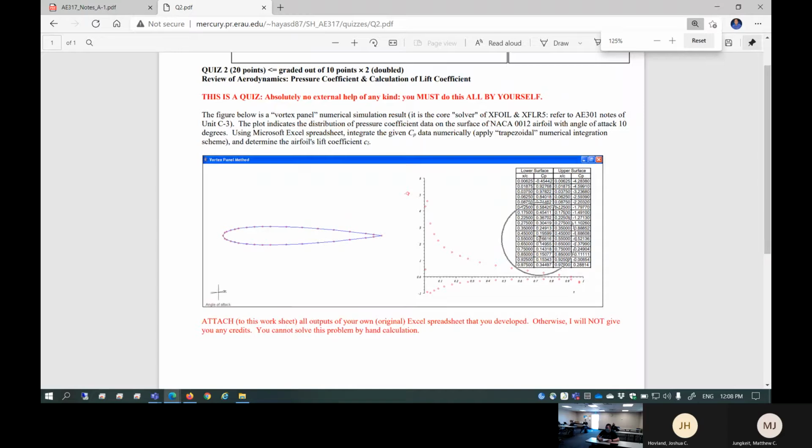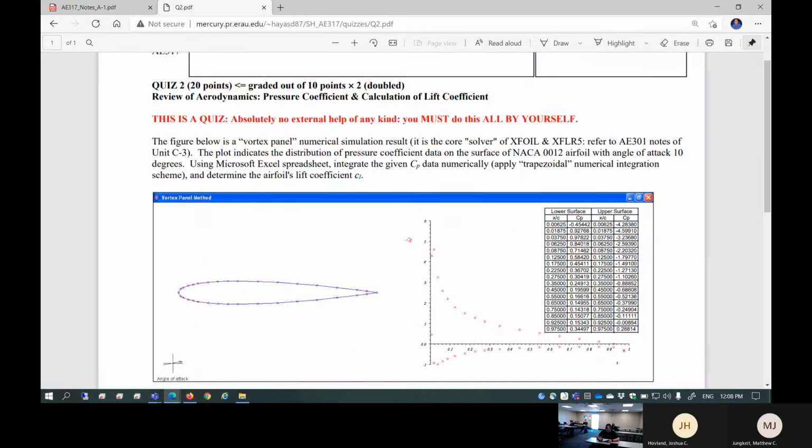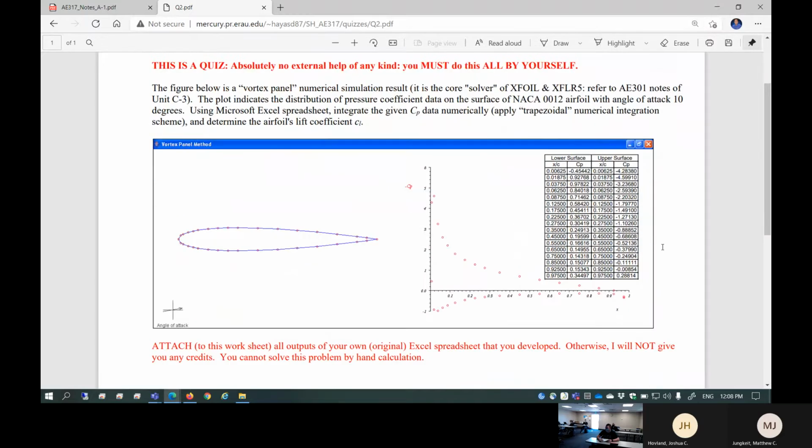So this is something called the vortex panel method. The vortex panel method was covered in aerodynamics. There's a note already posted on the home page, unit C3 or something like that of the aerodynamics notes.